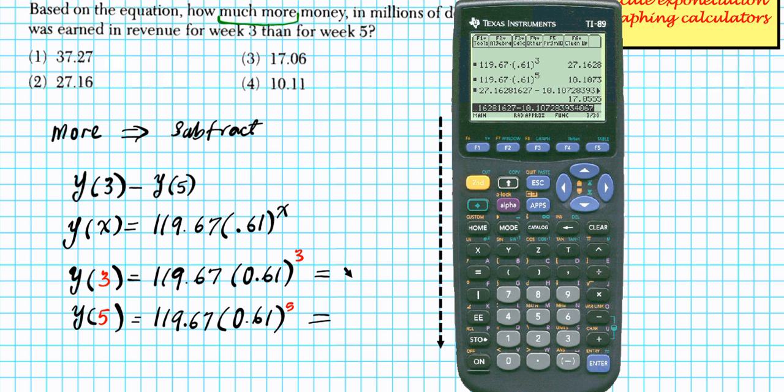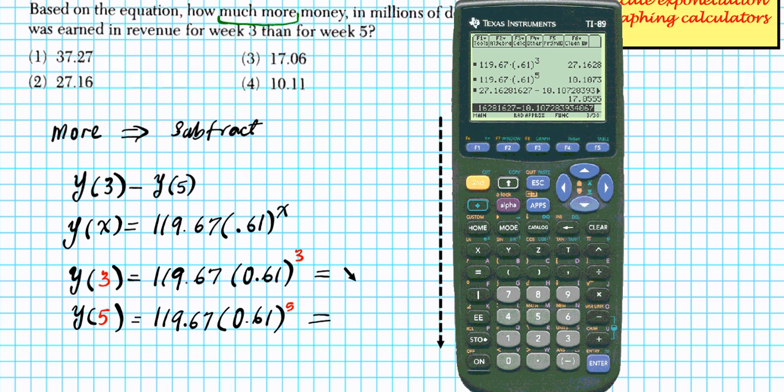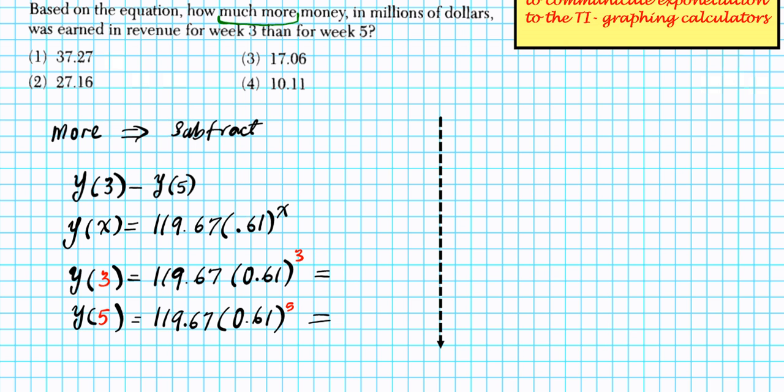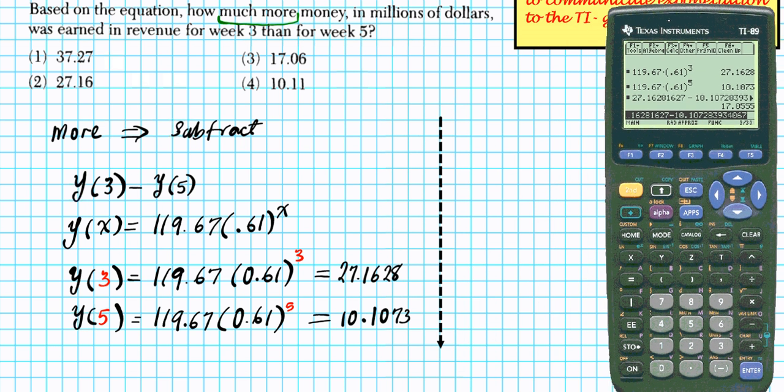For y3, we have 27.1628 to 4 decimal places, and then y5 is 10.1073. Do not round your answers. Do not round intermediate results. You want to round at the end so you don't make mistakes with your accuracy.